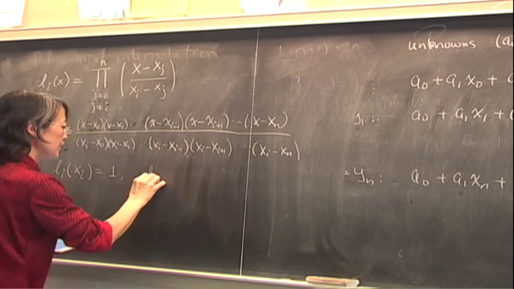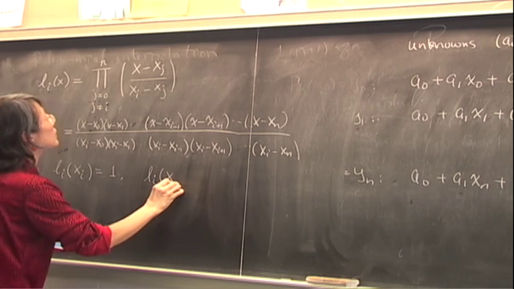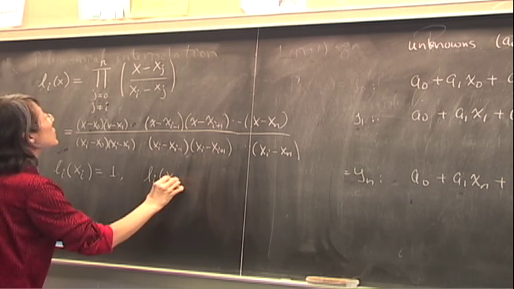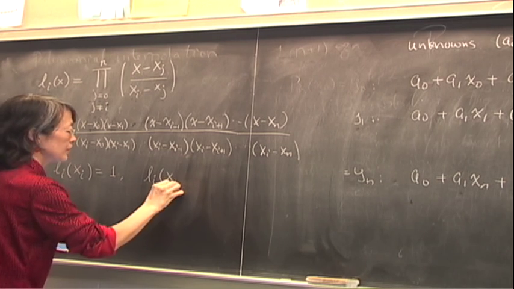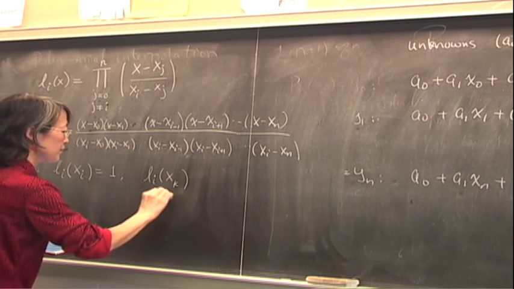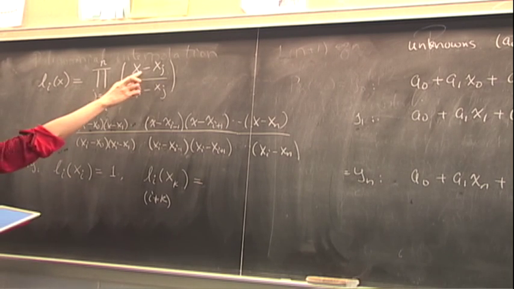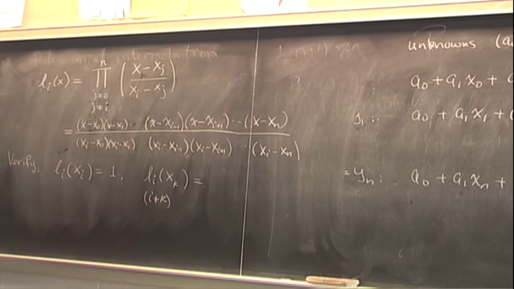What about the other part? Let's say xk, where i does not equal k. What do I get? I want to show this is 0. So is it 0? Now you have xk here, right?